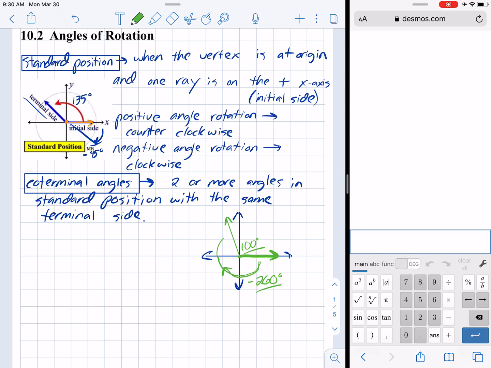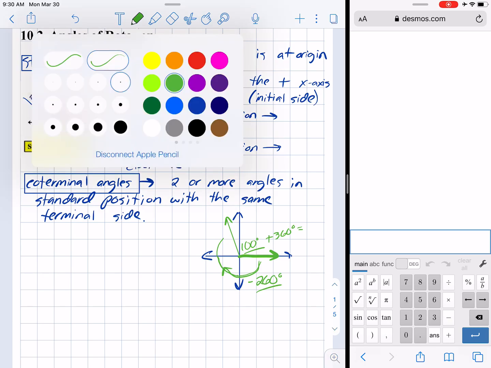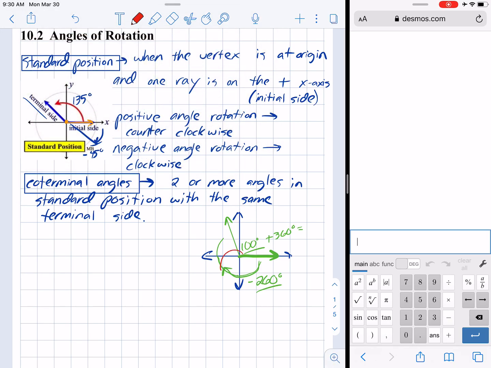You could also just add 360 degrees to your initial rotation, and now you would just rotate from the initial side once, 360 all the way around, and then back to where you started. So this would be 460 degrees. So 460, 100, negative 260. These are all coterminal angles. Same standard position with the same finishing terminal side.